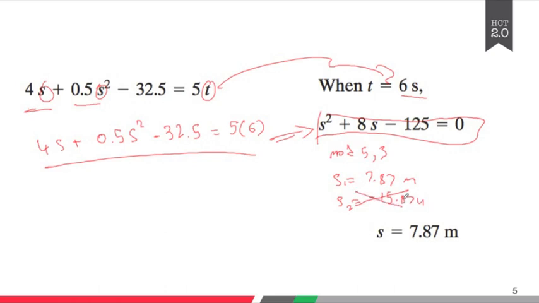Of course, we go with the positive one because in the question it stated that it goes to the right. So finally we get the answer of the position being 7.87 meters when t is equal to 6 seconds.